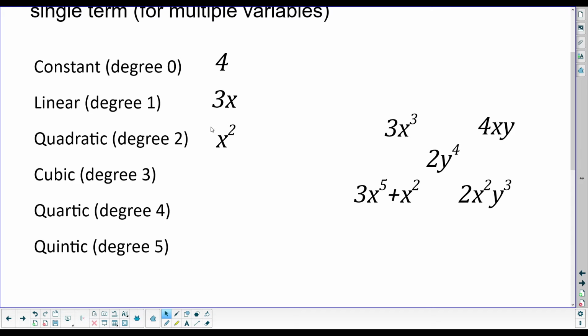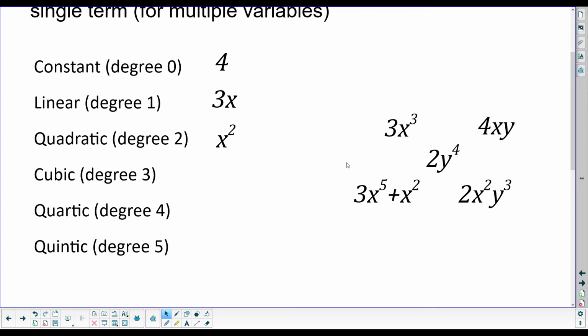So if I had a square, and each side was length x, to find the area of that square, I would multiply x times x, I would get x squared. So that quad really comes from the area of a quadrilateral. All right, so it's x squared.